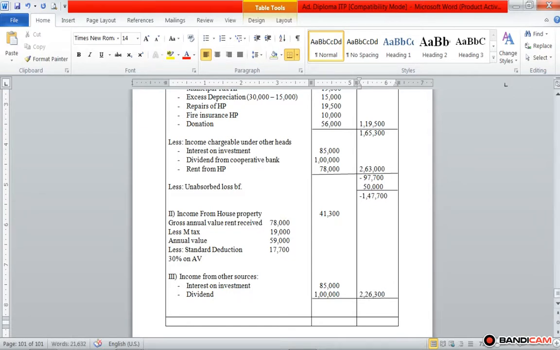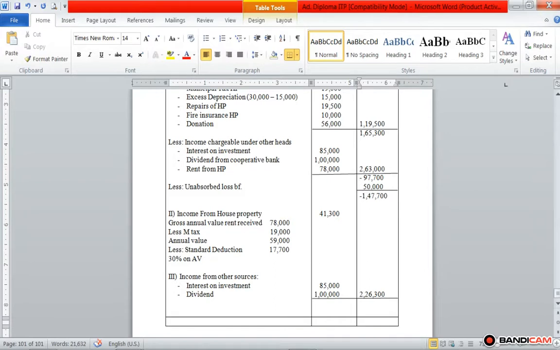Then here make a total of the outer column, that is minus 1,47,700 plus 2,26,300.